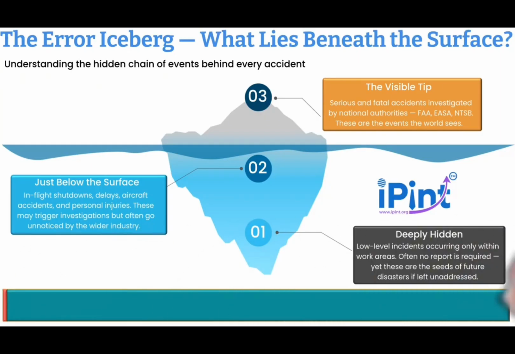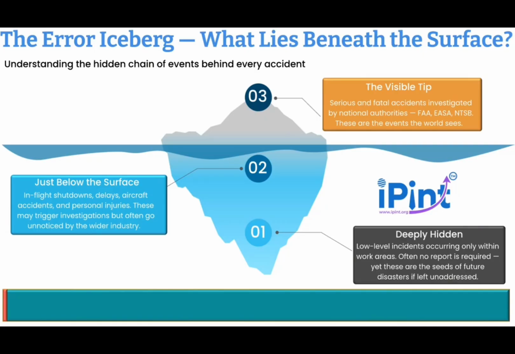Here is the critical truth. Airlines already investigate serious maintenance mistakes caused by human error, but the problem is that many incidents remain hidden, sitting in the middle and bottom of this iceberg, unexamined, unaddressed, and just waiting to become the next link in a chain that leads to disaster. To break that chain, we cannot only focus on the tip.